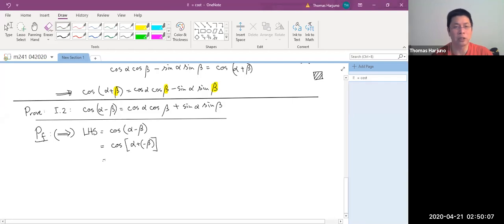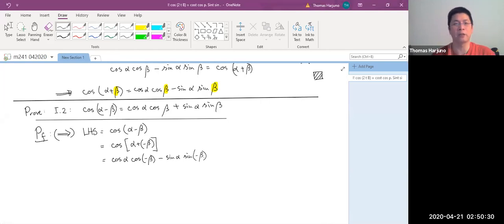So this equals cosine alpha cosine negative beta minus sine alpha sine negative beta. You see I replace that beta with negative beta.